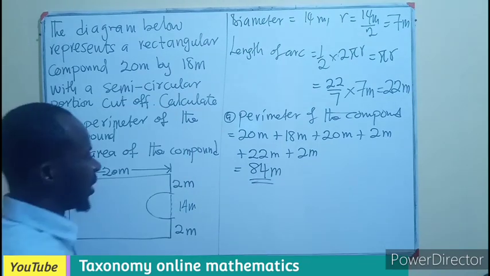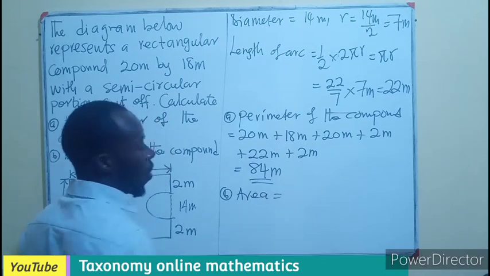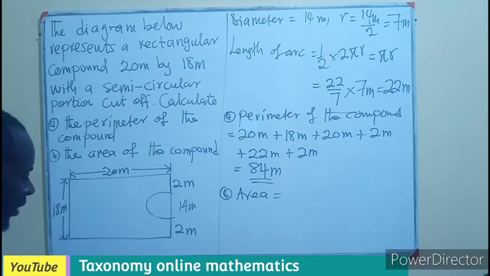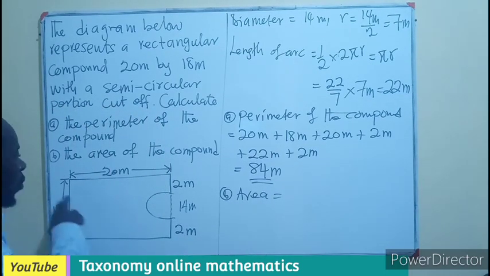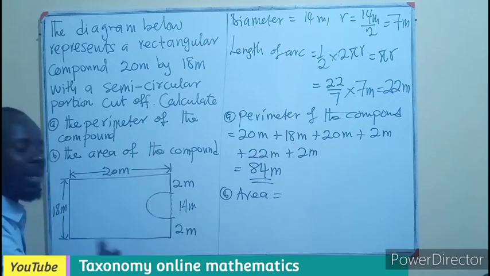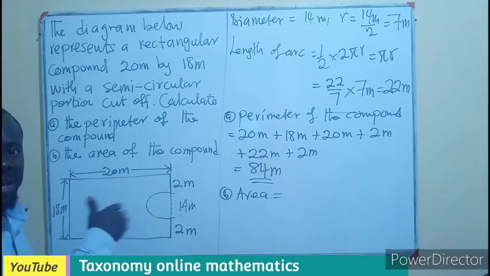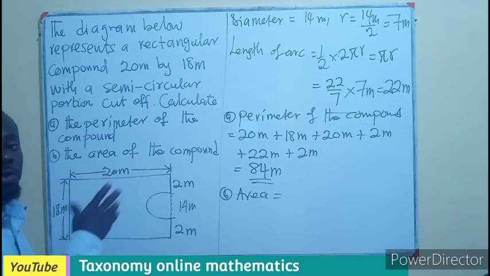Then the next aspect is to find the area of the compound, which is a complete rectangle with the semicircle taken out. So it is no more a complete rectangle. If it were a complete rectangle, I would only find the length times the breadth to get my area.